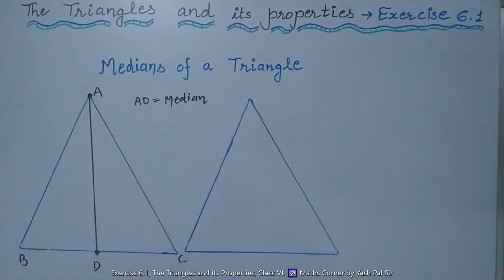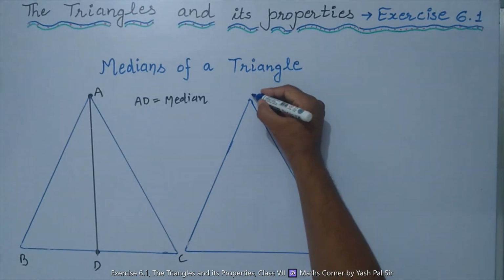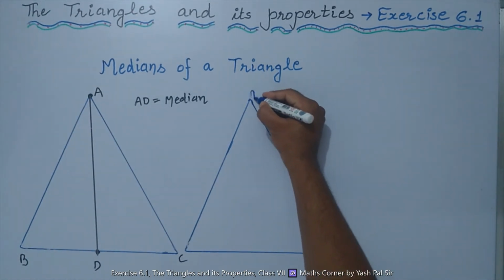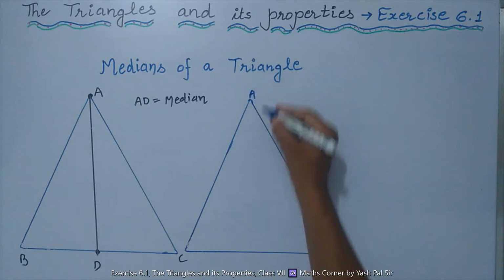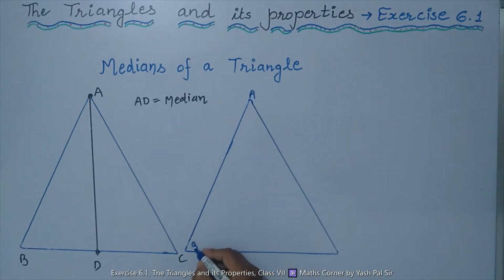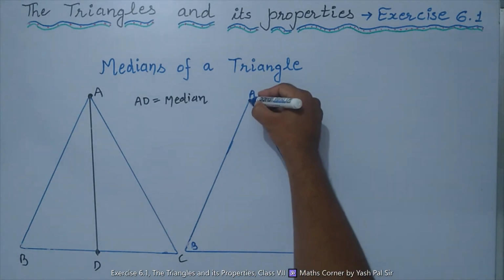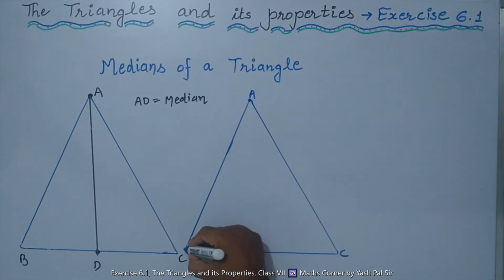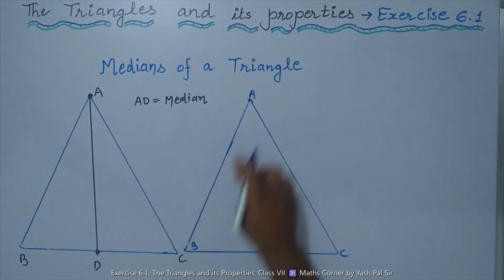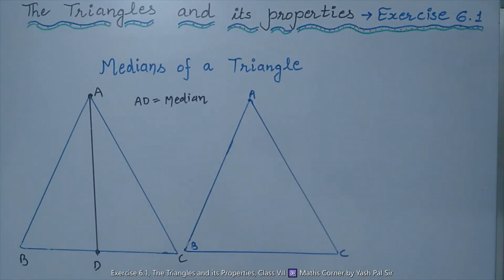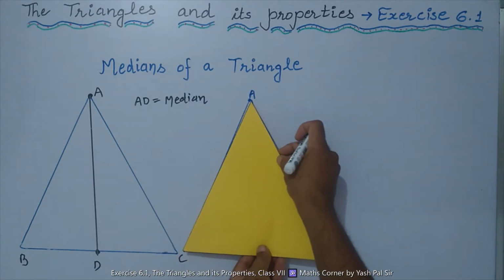Again we are naming the vertices: this is vertex A, B, this is C. Now from vertex C we are going to draw the median. That is, we need to find the midpoint of side AB. So what is AB here?